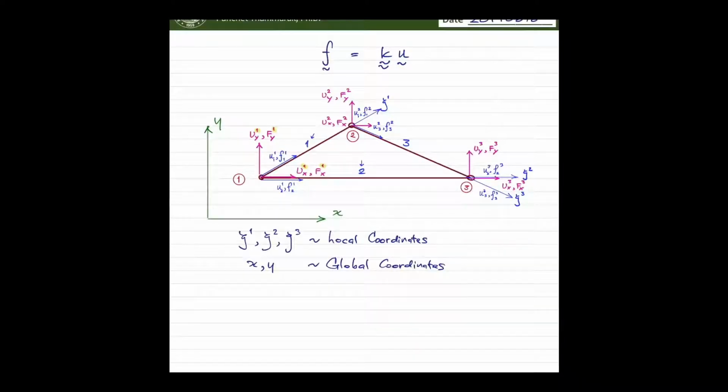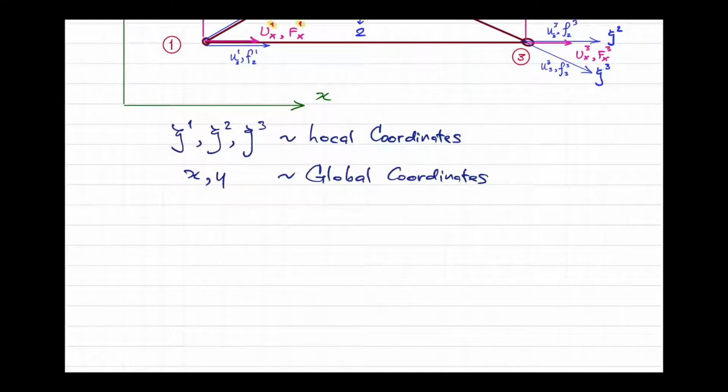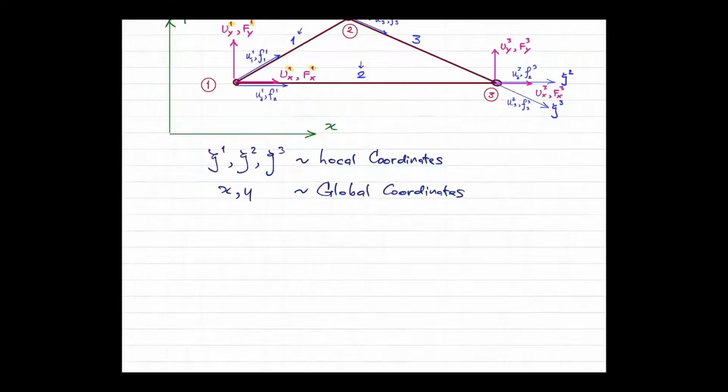So basically, we know the desired shape of the equilibrium equations. We wish to have this equilibrium equation in local coordinates transform into the new equilibrium equation in global coordinates.